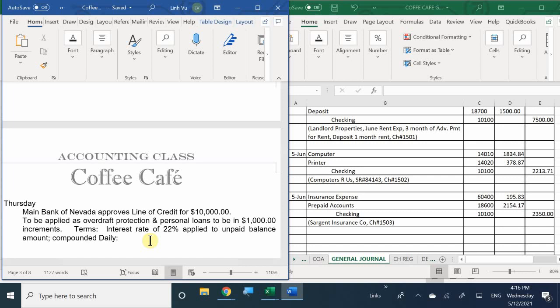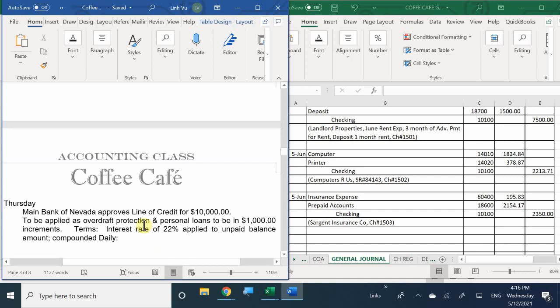They'll charge you for the NSF, but they'll pay for you in advance. So in this case, that's what the line of credit does for you. It's in case you don't have enough money in your bank account, it will pay for you, so the check doesn't bounce. Okay?